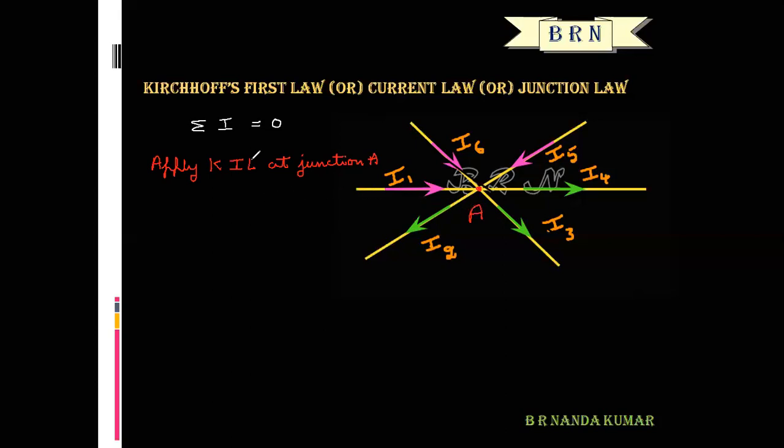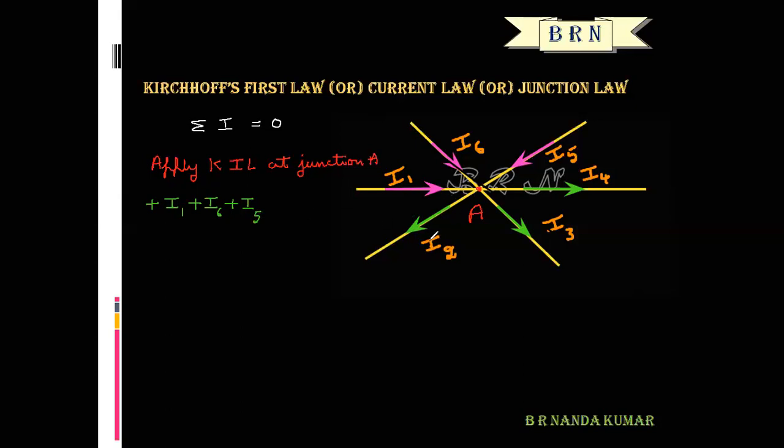If the currents entering the junction are taken as positive, it means here I1 is entering the junction, so it is taken as positive. Plus I1, and I6 is entering the junction, plus I6. I5 is entering the junction, that is also taken as positive.